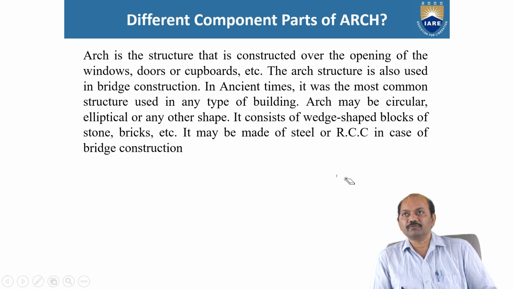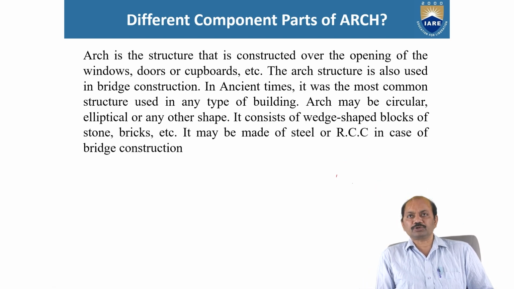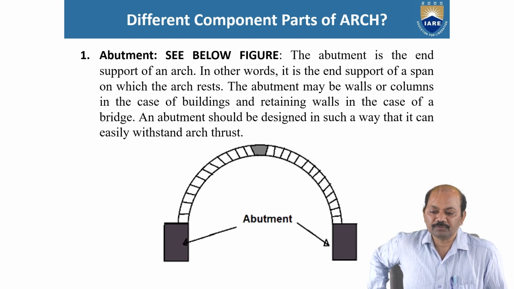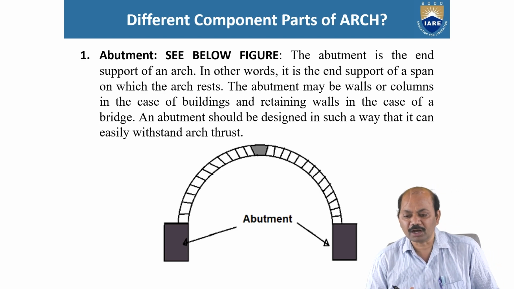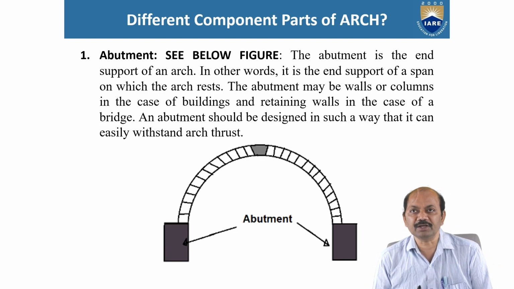Right. Wedge-shaped blocks of stone, bricks, etc. Arch may be made of steel or RCC in case of bridge construction. Okay, now we'll see the different parts of the arch briefly along with the figures.